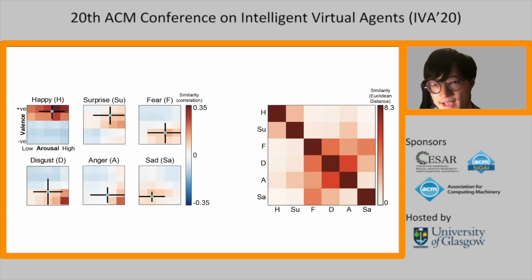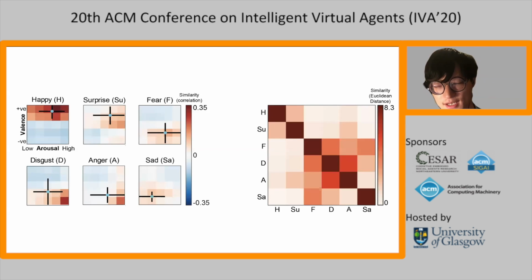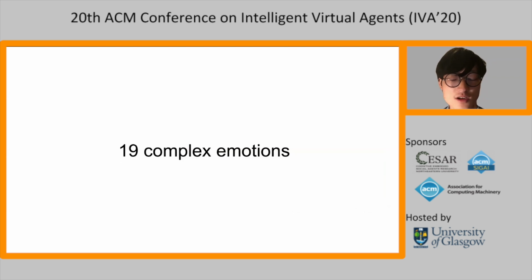So to formally test this, we cross-correlate the distribution patterns of the similarity. As you can see on the diagonal, almost all the emotions are different from each other except for disgust and anger. They share quite a lot in the negative high arousal cell. Then we apply a similar procedure to 19 complex emotions.